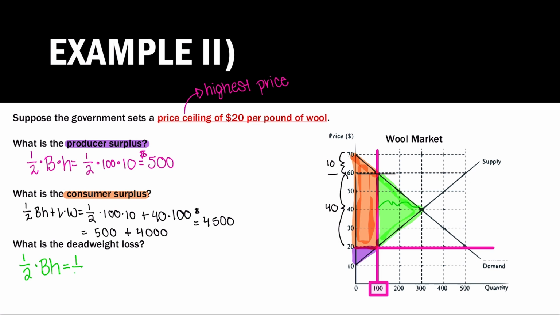So 1/2, 300 minus 100 is 200. Our base is going to be this area right here, this distance, which is 60 minus 20, so 40, which is going to give us 4,000.